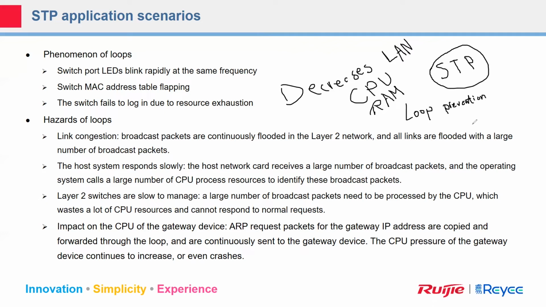Without any IT interruption, you can simply turn that on, and thanks to the Reyee switch, it will detect where the loop is, and it will immediately turn off the port that the loop happens on. This is the intelligent loop prevention mechanism by Reyee, right?